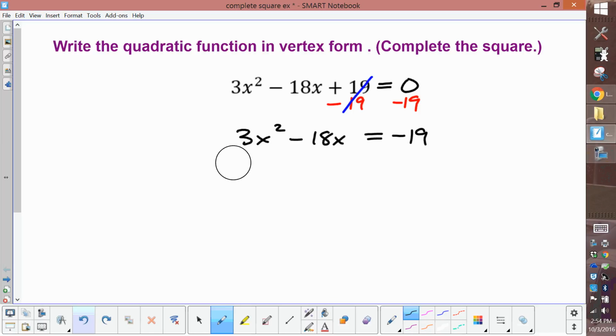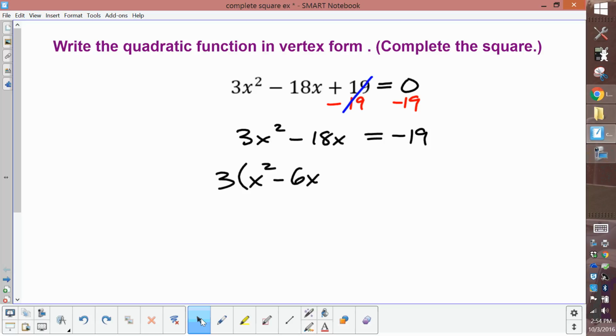So I'm going to go ahead and pull a 3 out of both those terms, and I'm left with x squared minus 6x. And now instead of leaving that as a binomial, I'm going to go ahead and expand it. And let's move this over a little bit. I'm going to put plus, and I'm going to leave a space here, squared equals negative 19.